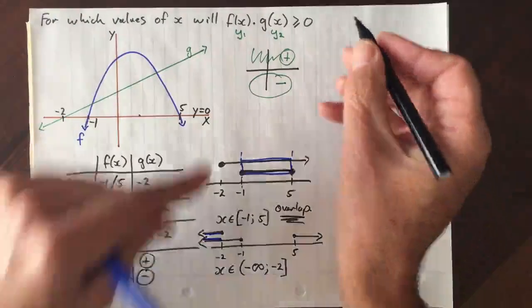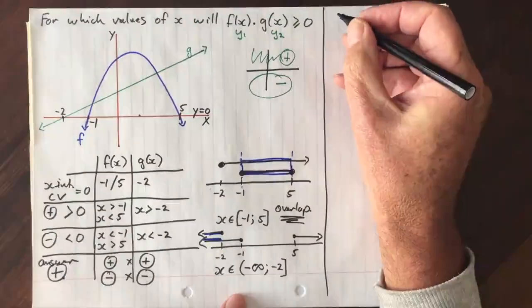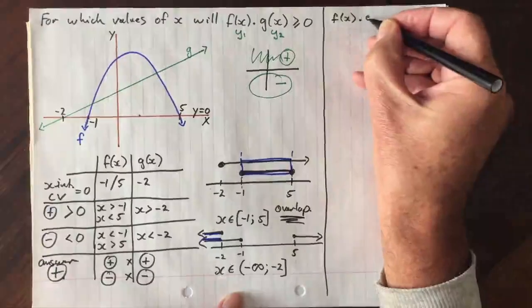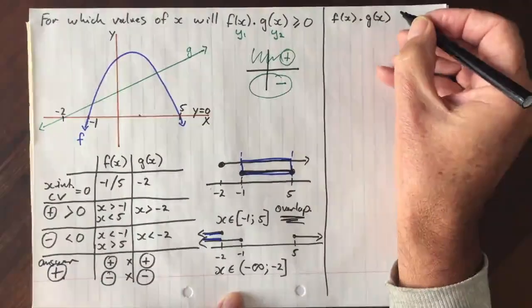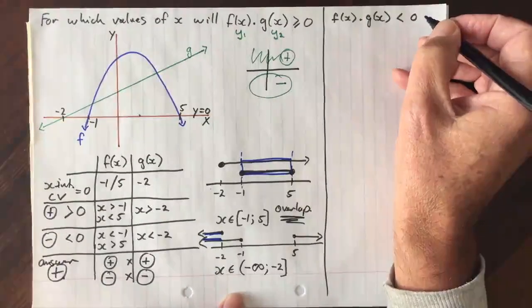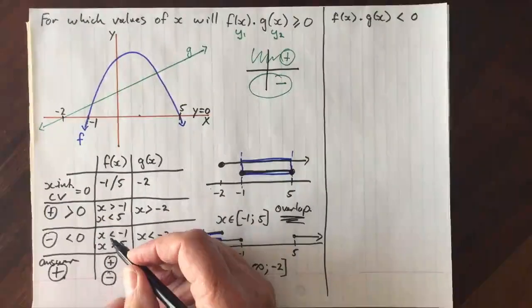Just for some practice, let's try to see how it works if we have f(x) times g(x) less than 0. Let's see if we can work according to that as well. I'm going to use the same table over here to determine that.